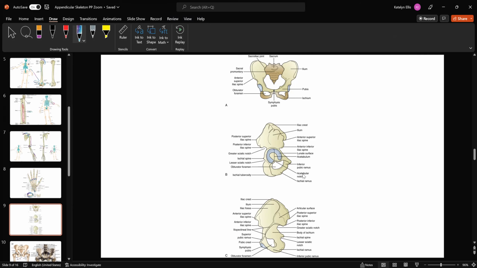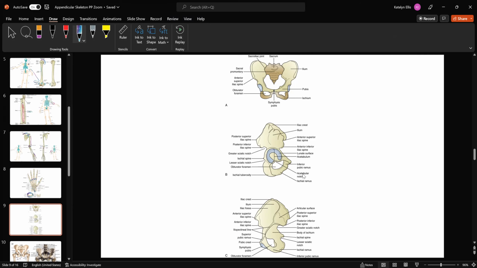The symphysis pubis is a cartilaginous little connection that holds them together, and that cartilage allows for some wiggle and some movement. When women or birthing people are pregnant, this pubic symphysis will actually stretch to allow for the hips to open up for the baby to pass through.